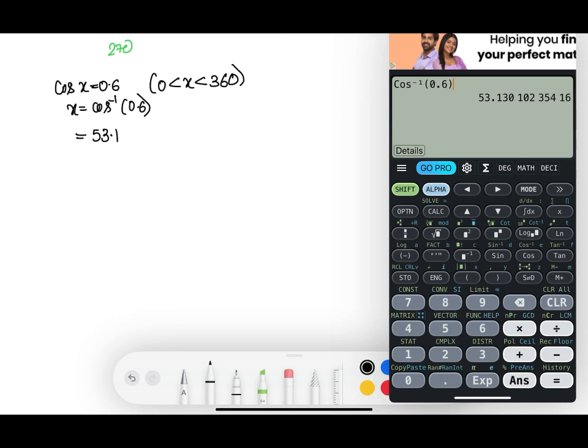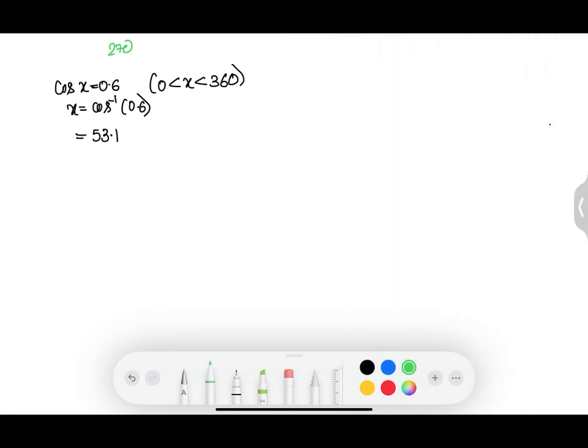By the CAST rule, cast will always be like this, CAST. So we know that cos is positive in the first and the fourth quadrant.